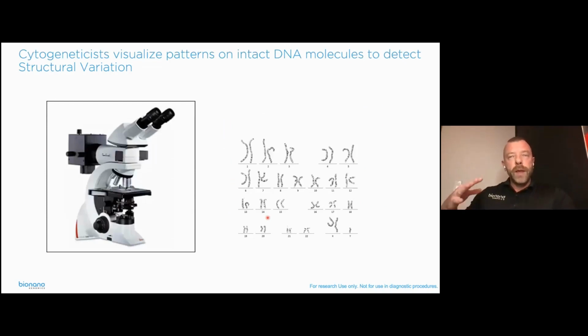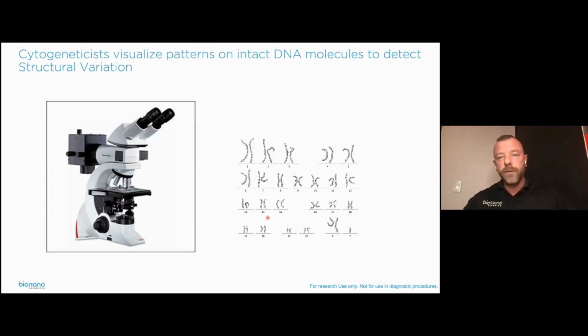Now, if you're thinking structural variation detection, maybe you're thinking of exciting new methods that you have heard talks about or have seen at conferences, but really the standard of care in the clinic to detect structural variations in patients with cancer or genetic disease is karyotyping. What you do in karyotyping is you use a microscope to look at intact DNA molecules.